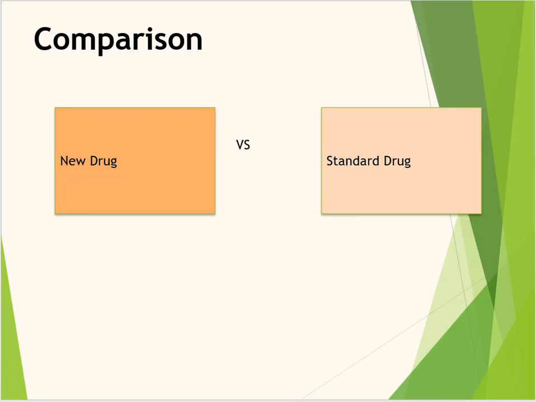And then my intervention is to test a new drug and find out if there is something different. So at this point I will be comparing two drugs, the one that I'm bringing in as my intervention and the other one that is existing. We call this a standard drug in this example.